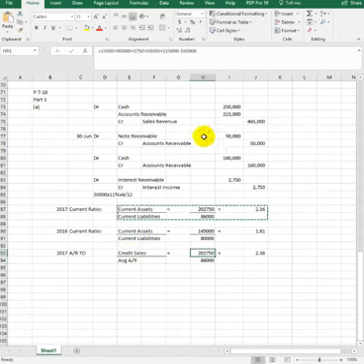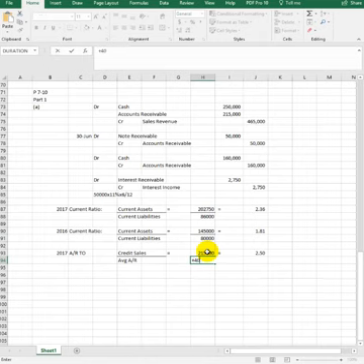Our credit sales, we can see up here, 215,000. That's easy enough. And the average accounts receivable, we started with 40,000, and we now have 40,000 plus 215,000 minus 160,000, divided by 2.